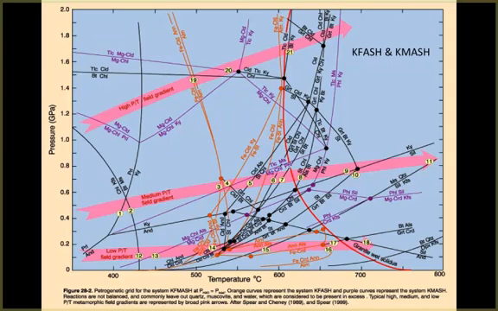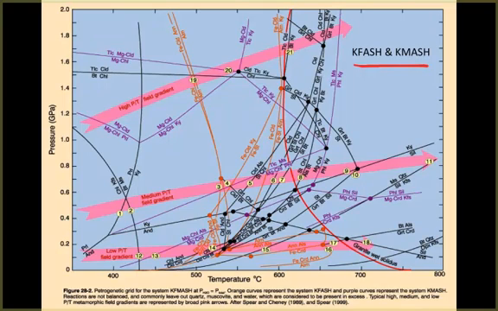And it's simple because this is only representing a few chemical components. K-FASH and K-MASH are on here. So potassium, iron, aluminum, silica, and water, those phases are represented by the purple curves, and then the potassium, magnesium, aluminum, silica, and water are represented by the orange phase diagrams. Actually, I swapped that. K-FASH is the orange and K-MASH is the purple.